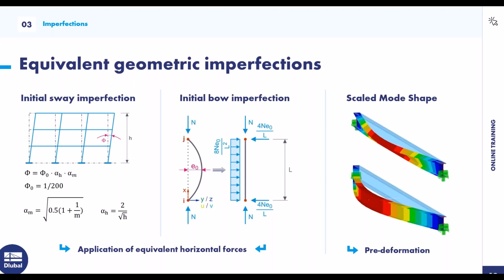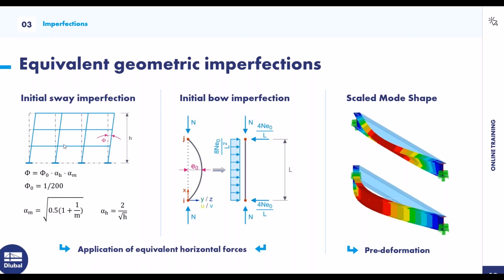Imperfections are production-related deviations in the model geometry and or in the material properties. On the one hand, there can be real misalignments in classic hall constructions or tolerances in production, especially when rolled sections are used. And these imperfections can be summarized as equivalent geometric imperfections.